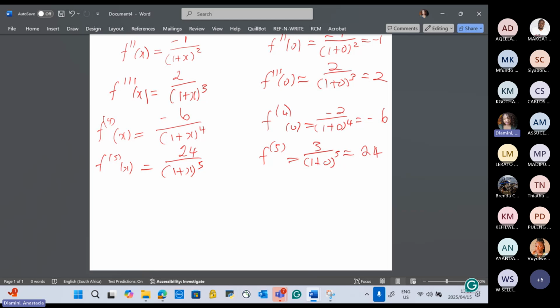Now from here, they say that the Maclaurin series expansion will be like this.